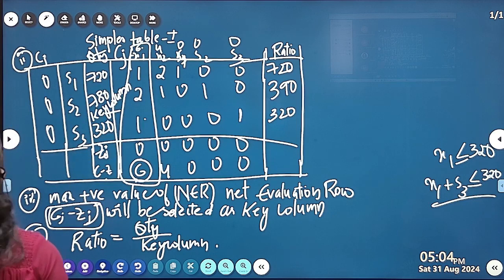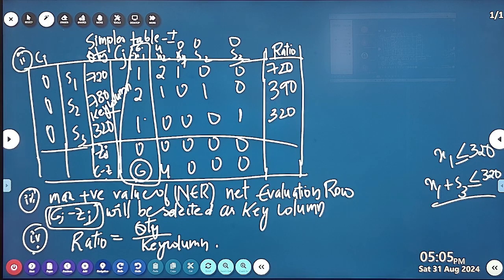So next, point number 5, right? Minimum positive value of the ratio will be selected as a key row.